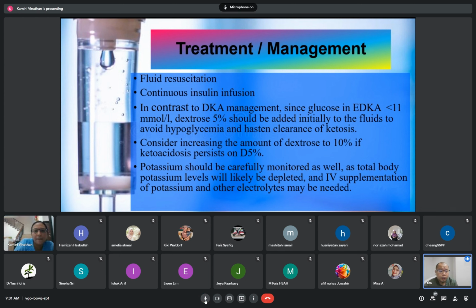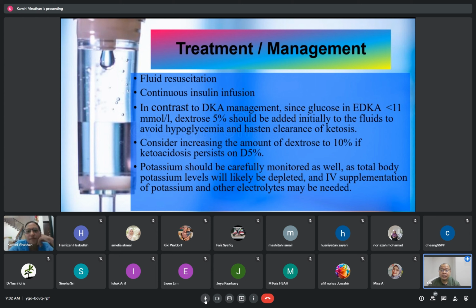Okay, this one everybody needs to be clear. If you have started to diagnose Euglycaemic DKA, of course, like ordinary DKA, fluid resuscitation is always the first thing. Insulin infusion still has to be started. In a patient with Euglycaemic DKA, sugar 4, sugar 5, sugar 7, 8, euglycemia, you still need to start insulin infusion.